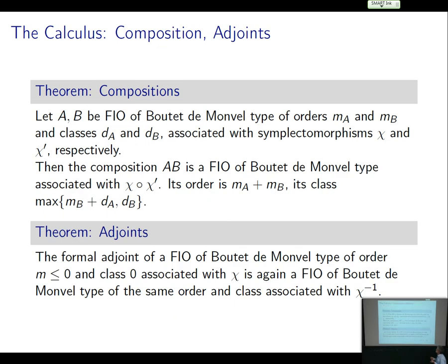Okay, the standard theorems hold. If you have a composition of two of these operators, let's call them A and B, associated with symplectomorphisms chi and chi prime, then the composition is again a Fourier integral operator of this type. This requires actually quite a bit of work, because if you have these 5 entries in your matrix, it turns out you have to handle 13 compositions of operators.